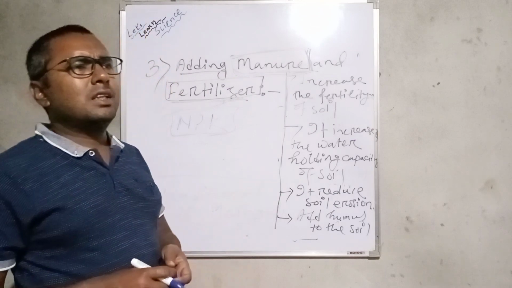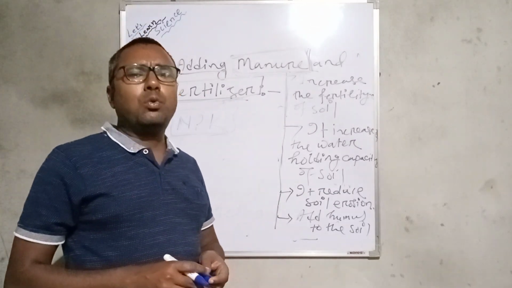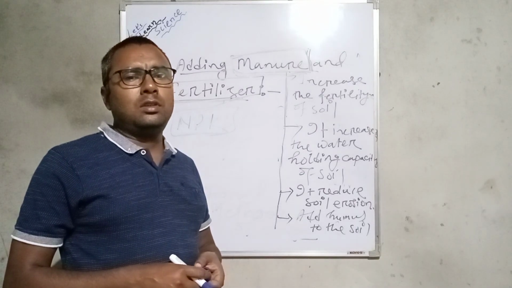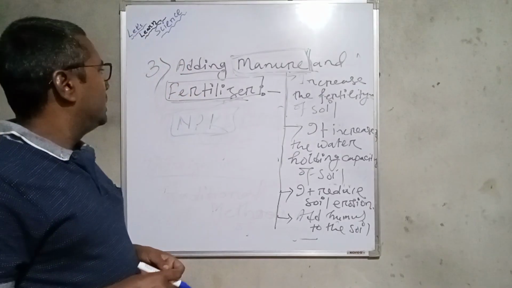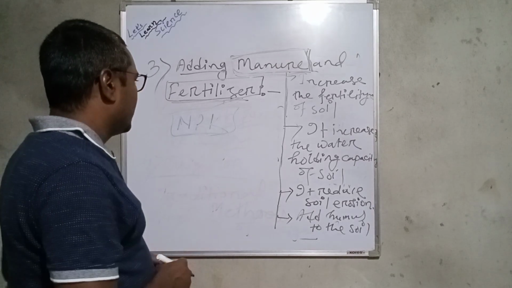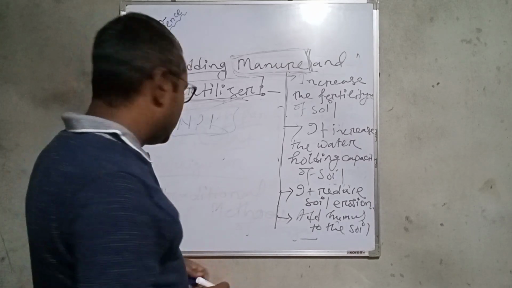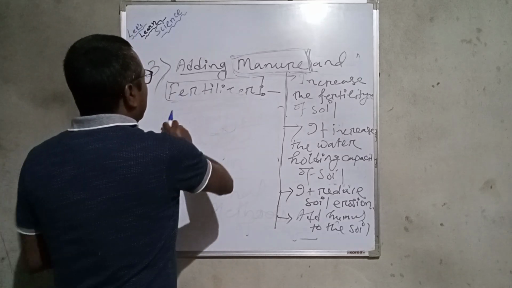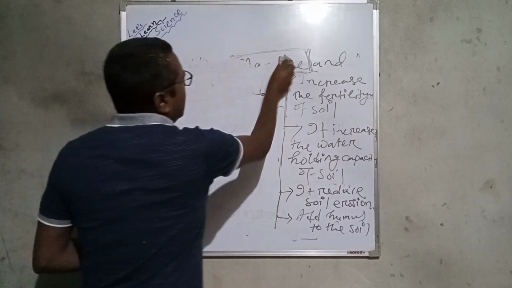Some examples of fertilizers are urea, potash, superphosphate, etc. Understood? Is it clear? Then let us move to the next step.